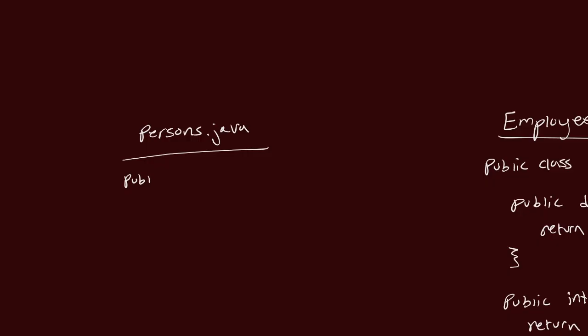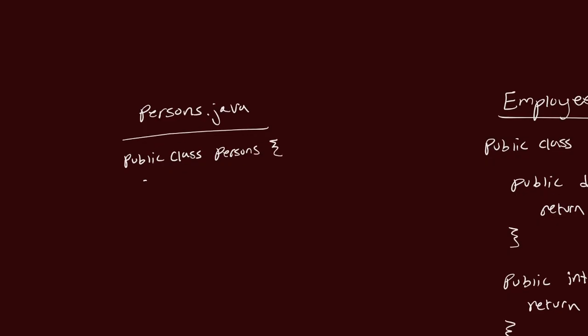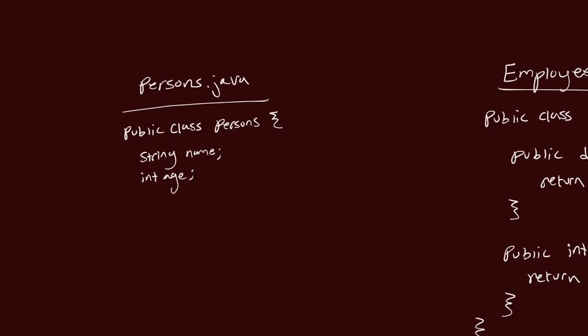So we'll do public class persons. Okay, and what we're going to do is get the information about this person. So we'll get their name and their age. So let's set up a constructor.